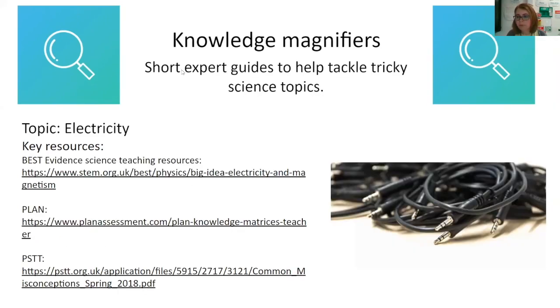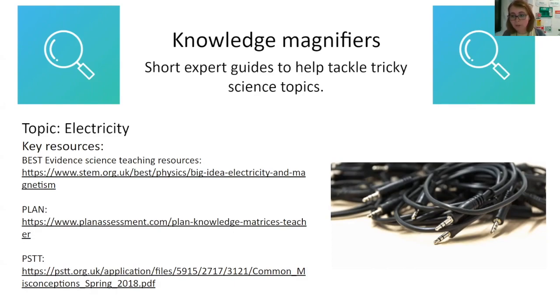So just before we look at some of the resources that can help you in the classroom, some of the demonstrations you might want to look at, or the activities that children might want to explore, this slide will be repeated in the reference guide, but I have found the best evidence science teaching resources to be quite effective.